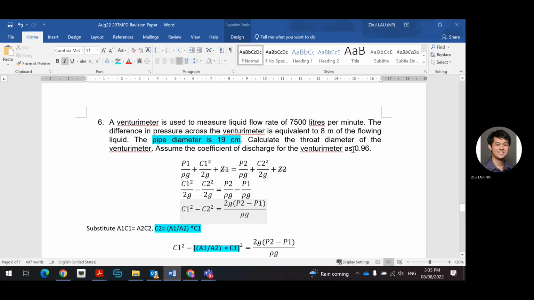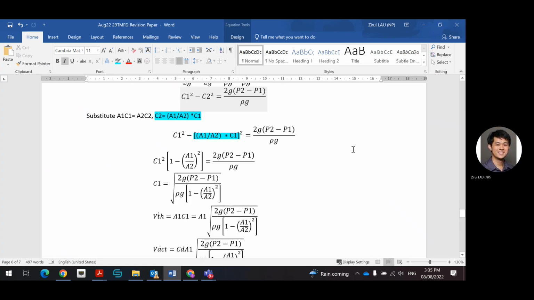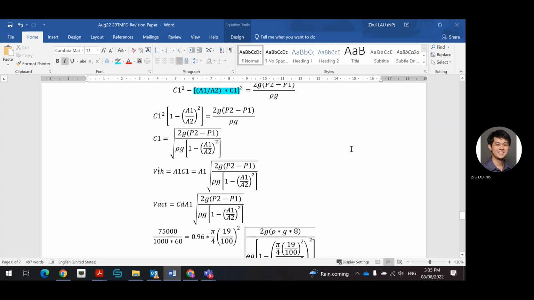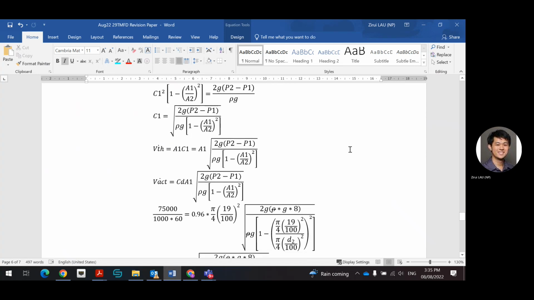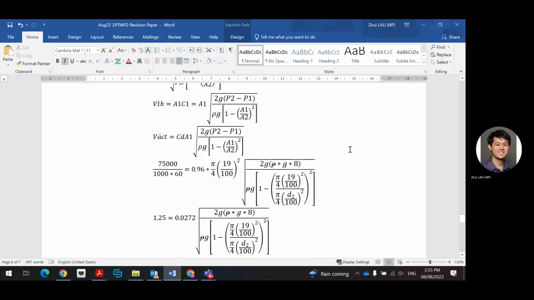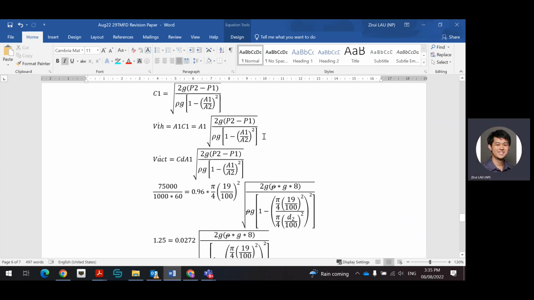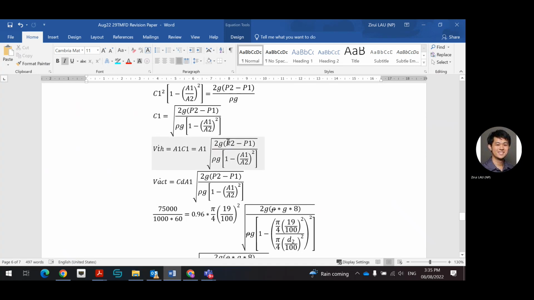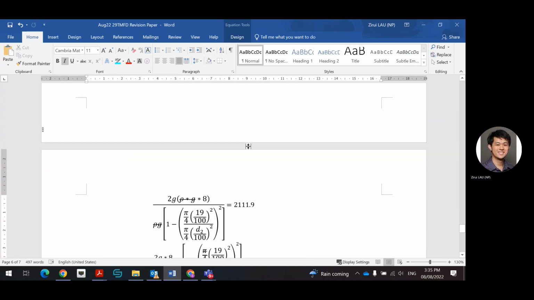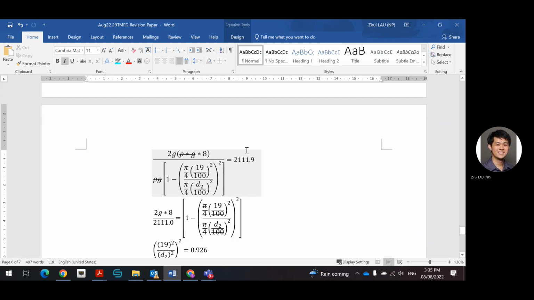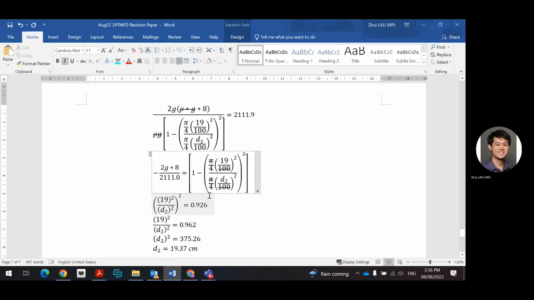Oh, sorry, because of the pressure drop, I know why already. This one should be negative. I'll explain why in a while. So calculate again.